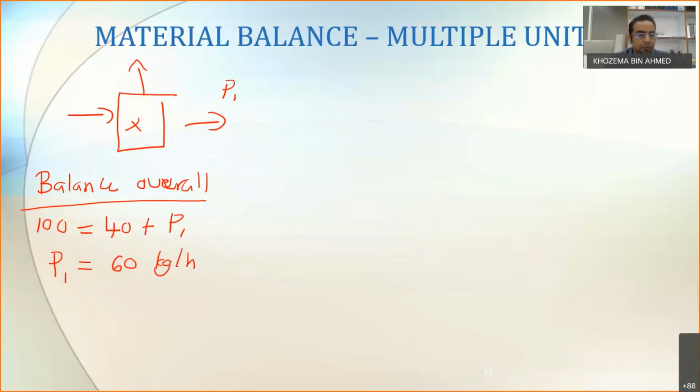The same thing I can do for balance on A. If I do balance on A, I will get a value of WA1 is equal to 0.2333 and my WB1 is equal to 0.7667.